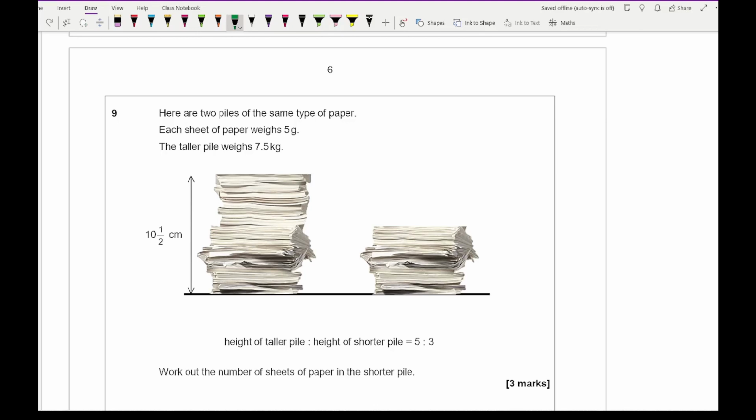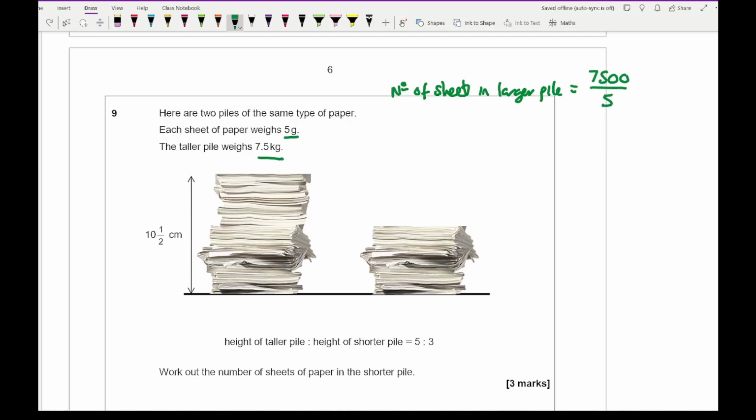So for this first, let's work out the number of sheets in the larger pile. Well, for that, I need to do 7,500 divided by 5, because we notice that the sheets are measured in grams, the total weight is in kilograms, so we need to make sure that that's converted.